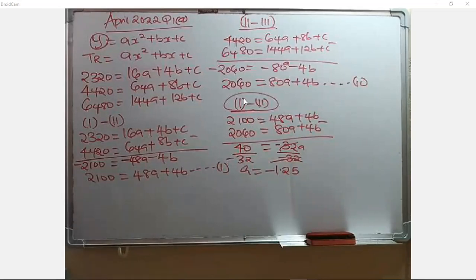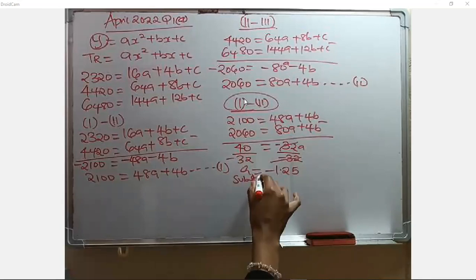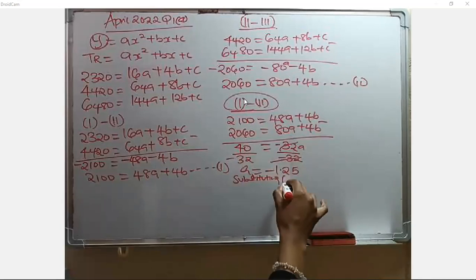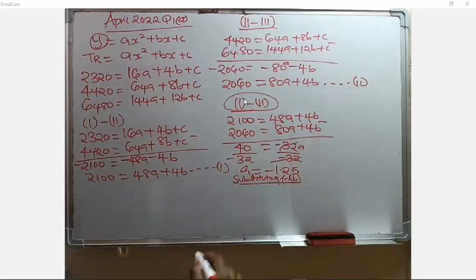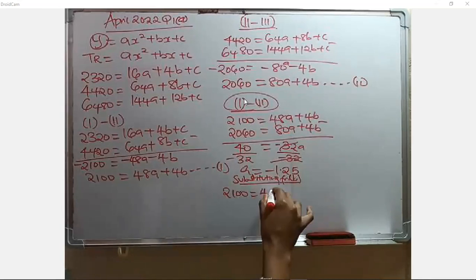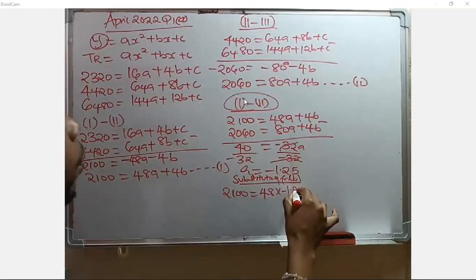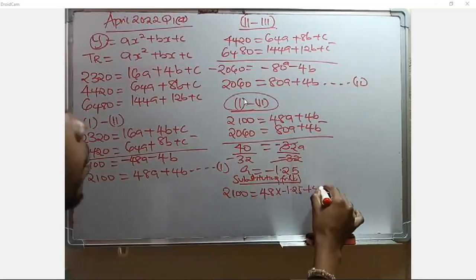Now let me take one of these equations and substitute for a, for example the first one, where we are substituting for b now. We say 2100 equals 48 times negative 1.25 plus 4b.